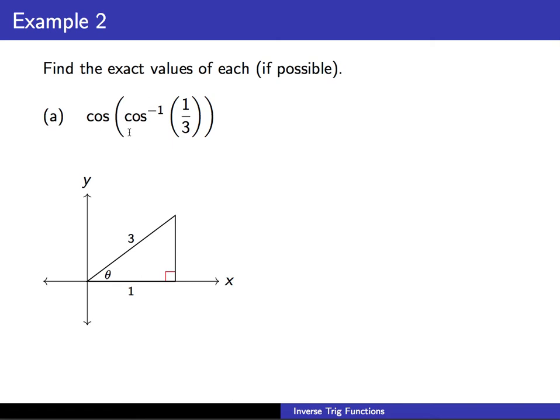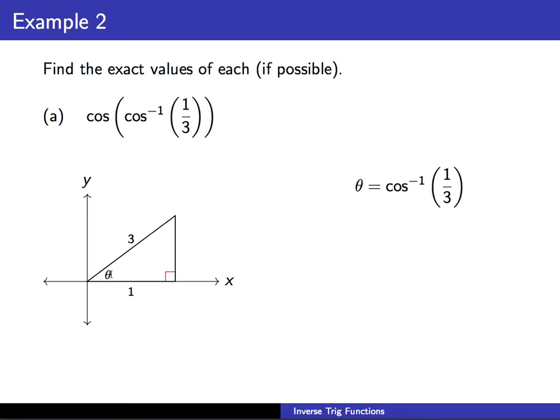Now, what this inner inverse trig function does is it draws this picture. From there, now we want to apply this trig function cosine to this angle in this picture. So as soon as we draw this sketch, we are done with the inverse cosine of 1/3 part. So now this problem boils down to, what is the cosine of the angle in this picture?